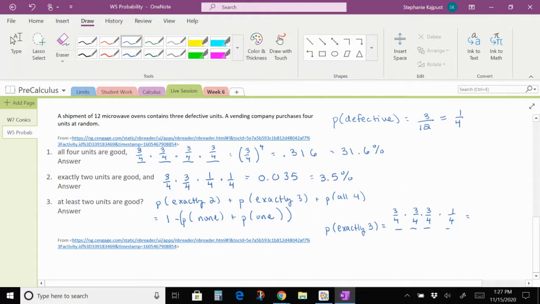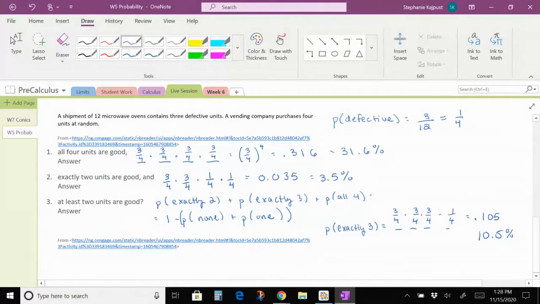Oh, I missed a decimal point. I multiplied it and I got a number that was way too big. Okay. That's 0.105 or 10.5%.